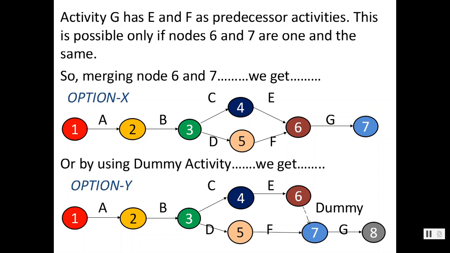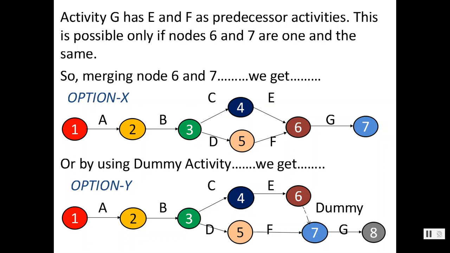Dummy doesn't consume any time. No task. Its role is simply to indicate that yes, G will come immediately after E and F together, or E and F immediately will jump to G, no other activities in between. So 6 and 7, two nodes, two events, can be connected by one dummy activity 6, 7.